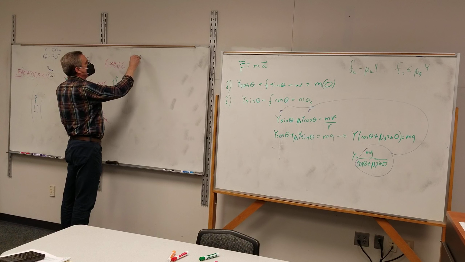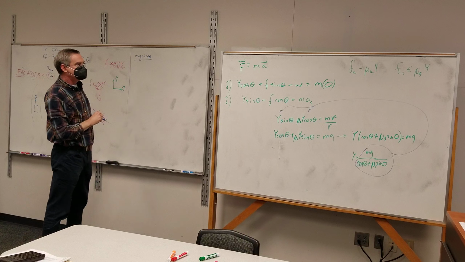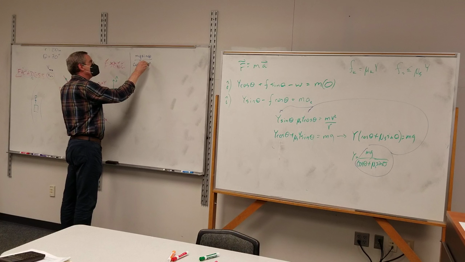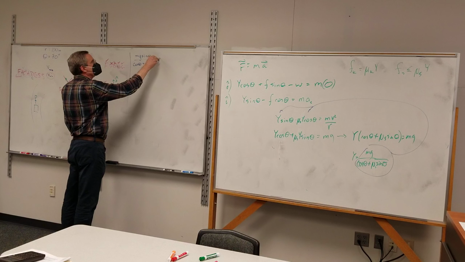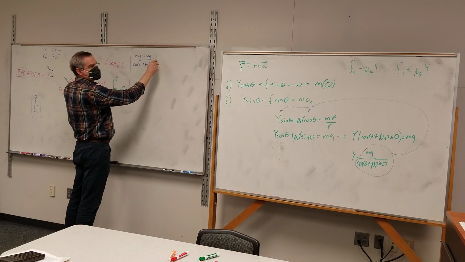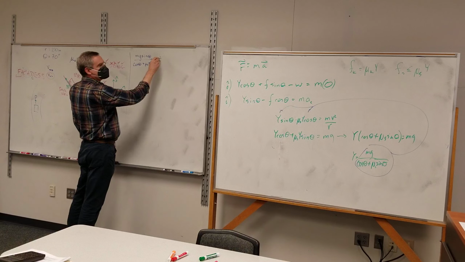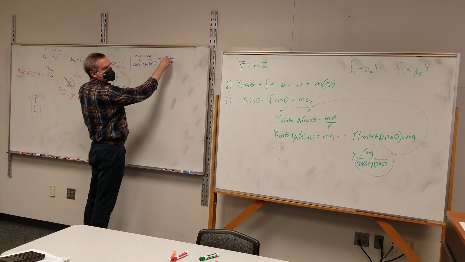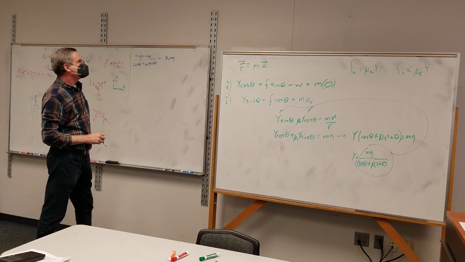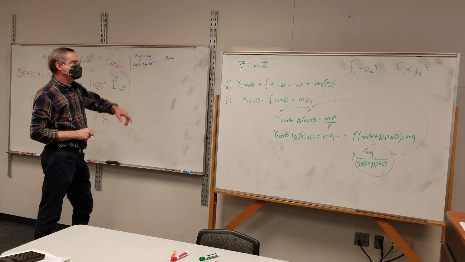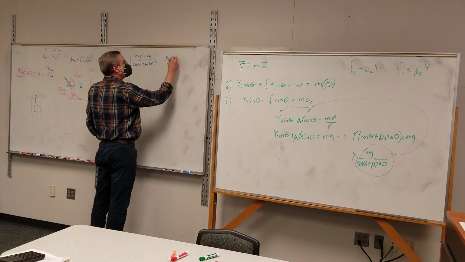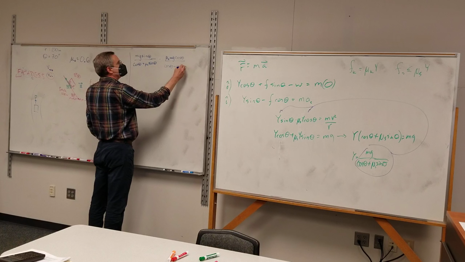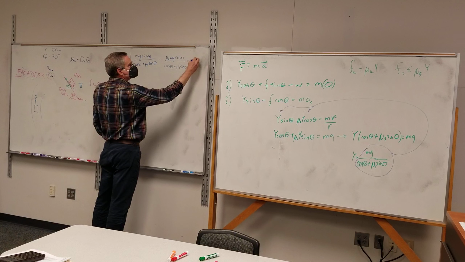So I've got mg sine theta over cosine theta plus mu sub s sine theta, minus, sorry, looking at the wrong equation, mu sub s mg cosine theta over cosine theta plus mu s sine theta equals mv squared over r.